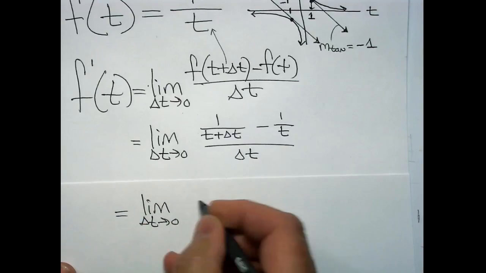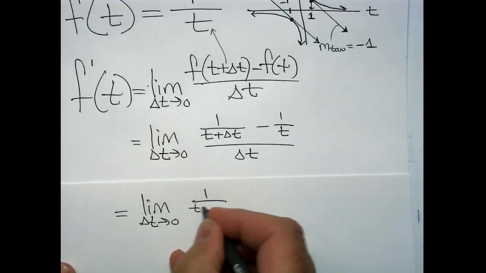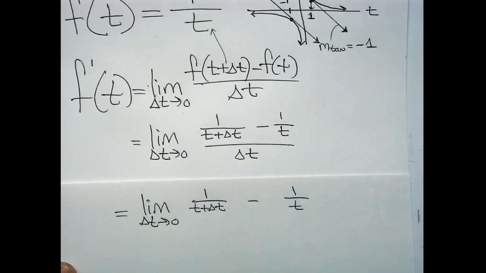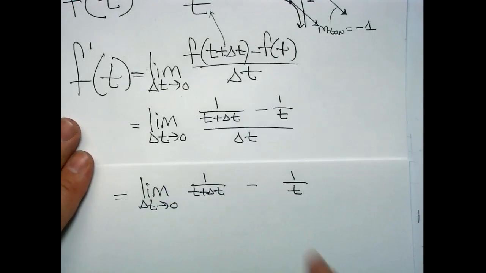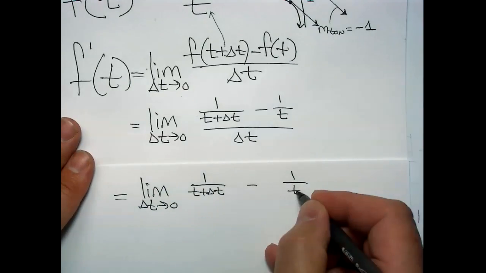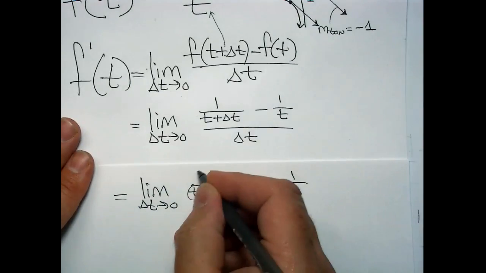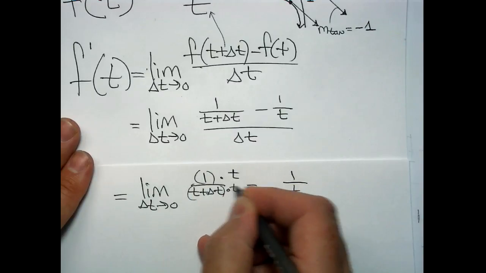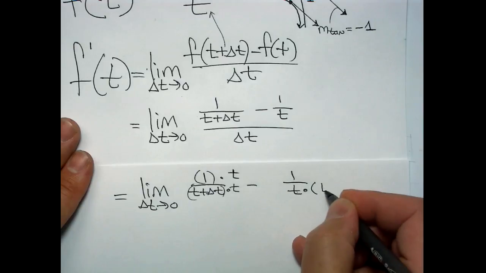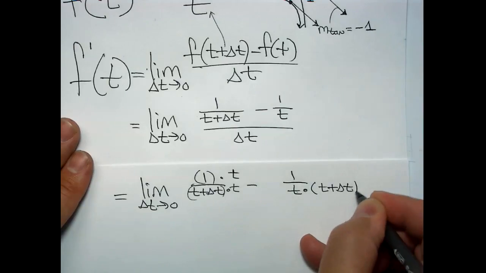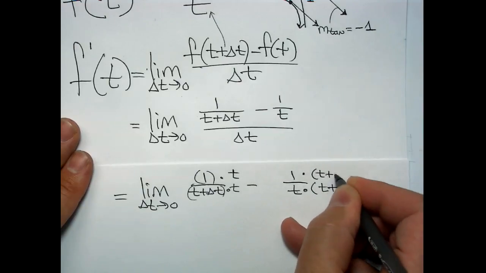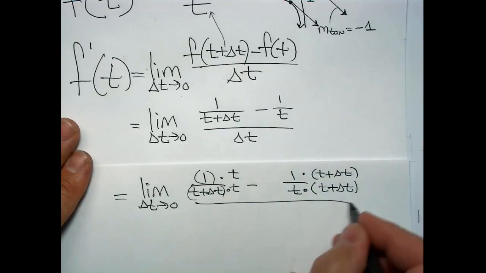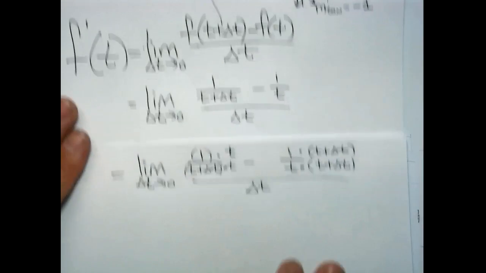Well, how do you join two fractions together? Think about it. The LCD. So I'm going to use this denominator, and I'm going to multiply the top and bottom by my t here. I'm going to multiply the top and bottom by t plus delta t here. That way, you notice that they now share the same denominator. That's a good sign. So what do we got up there?